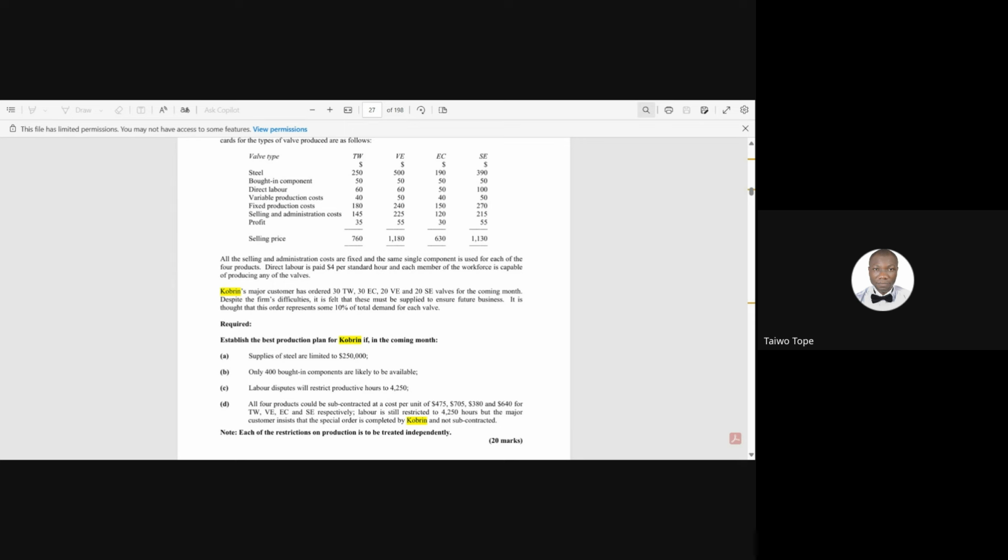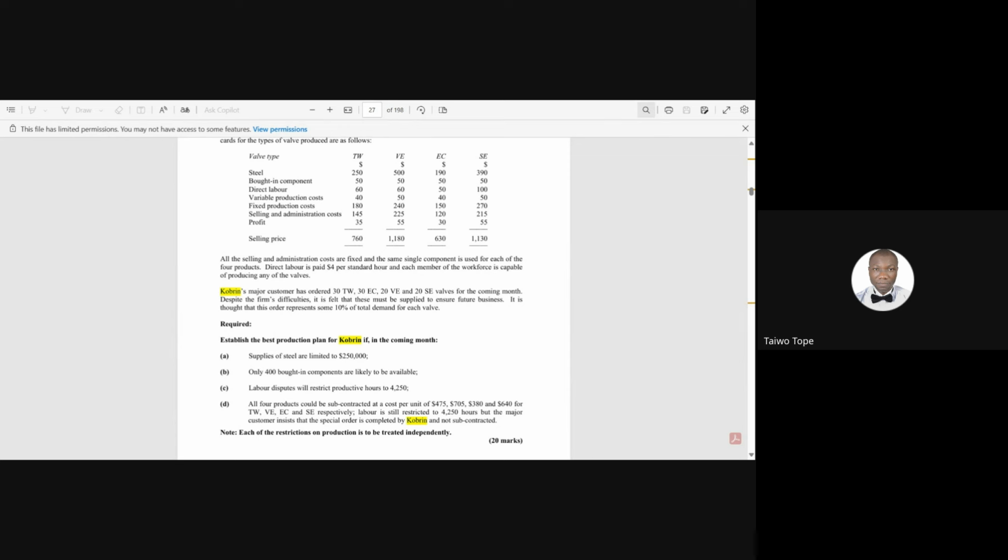All four products, take note, all four products could be subcontracted at a cost per unit. It means if you don't want to produce TW, VE, EC, or SE, maybe because you don't have sufficient hours, then you can give it out to another company that is producing similar products.